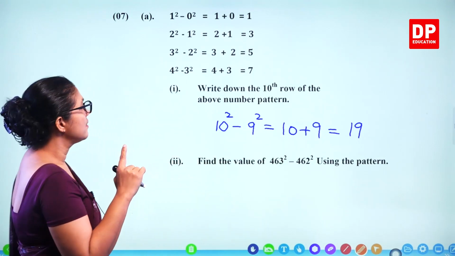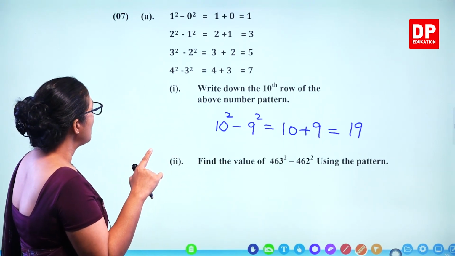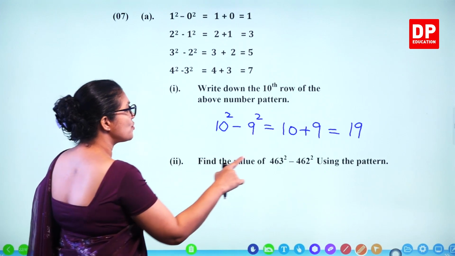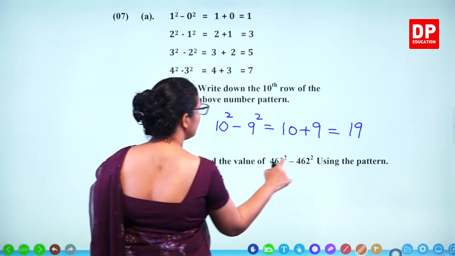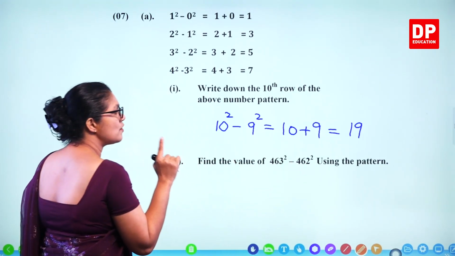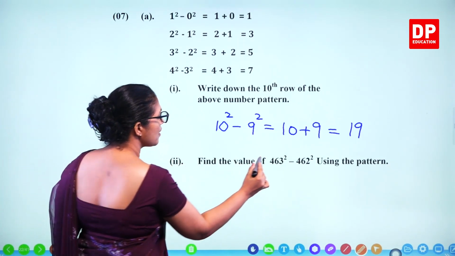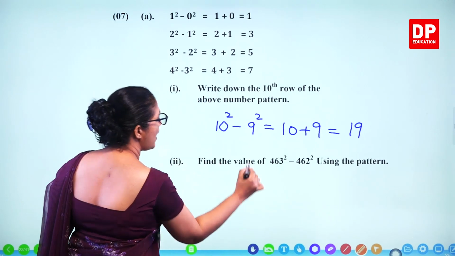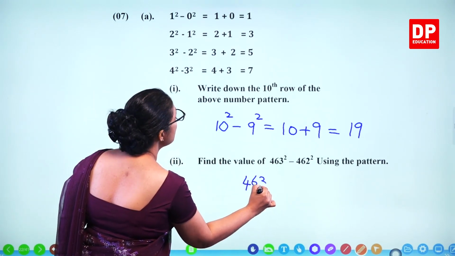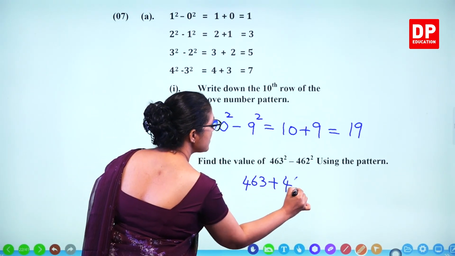From the pattern, we have to observe. Find the value of this one using the pattern. Now look at this one. 463 means 463rd line, row. So that means you can apply 463 plus 462.